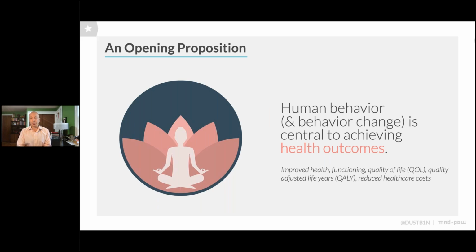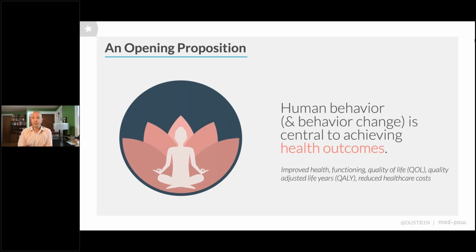So when I think about why we're all here, and as I framed it in the abstract, really thinking about this opening proposition that human behavior and behavior change is central to achieving health outcomes, whether those outcomes are directly related to clinical, physical, or mental health, whether those are for functioning or things like quality of life or quality adjusted life years, or even reduced healthcare costs.